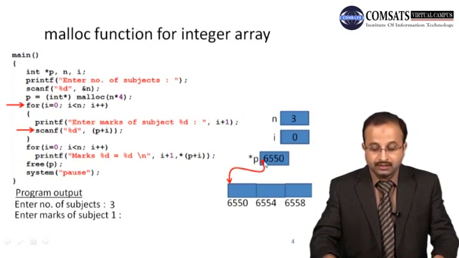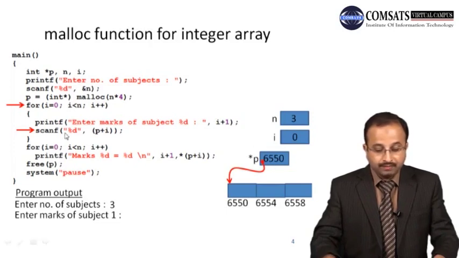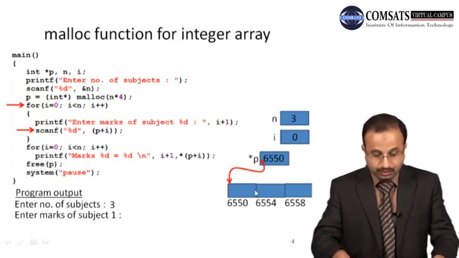So p is 6550. When you add 0 in it, it is still 6550, and you are providing this address to scanf function to store value at this address, and this address is the address of this element. So यहाँ पर ये value store हो जाएगी. So आपने value input की 73, that will be stored in this position.